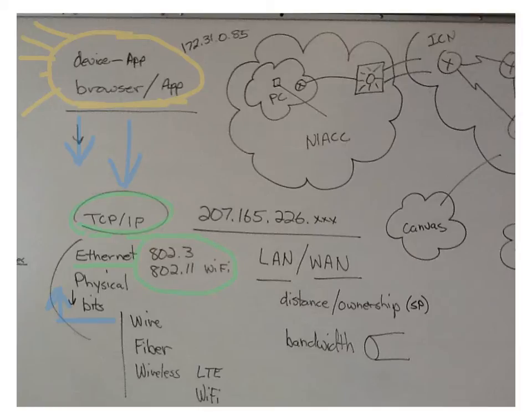So today we talked a little bit more about the physical part, the bits. Everything's bits. We take those bits, we send them down here. Then when we transmit them, we either put those on wire, we put them through fiber, or we send them through the air.